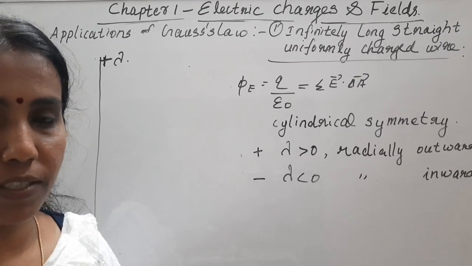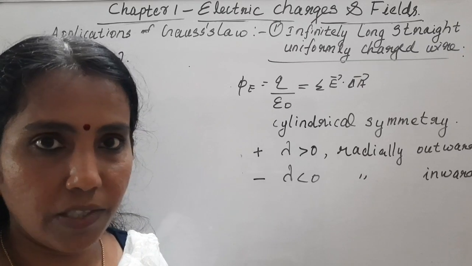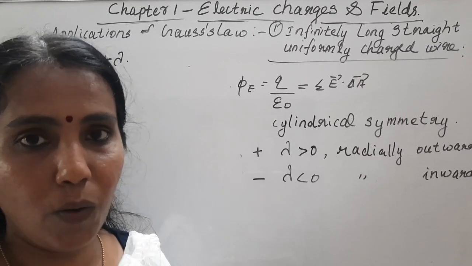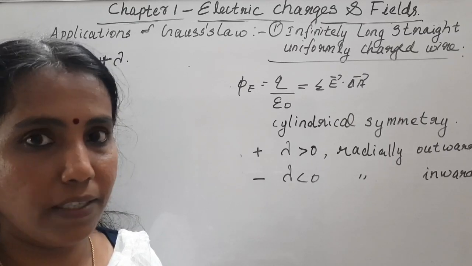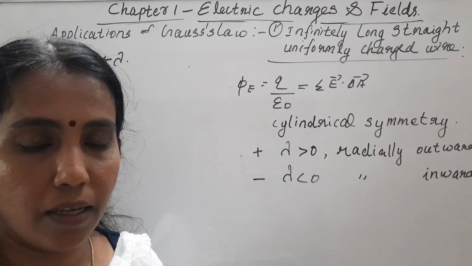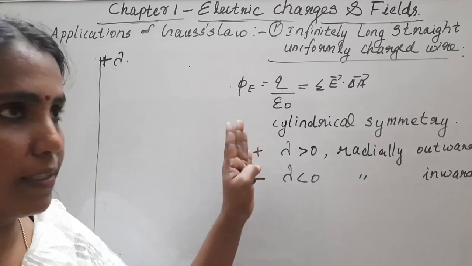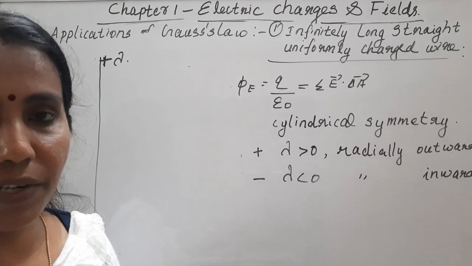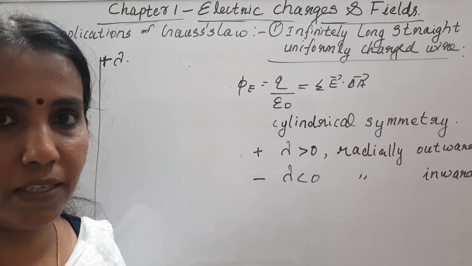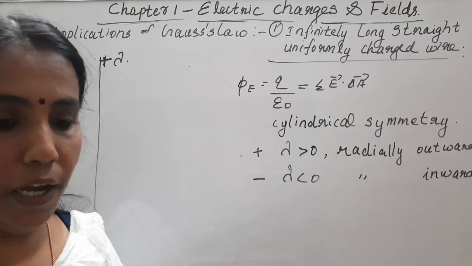That is very important. Since we already discussed the field is cylindrically symmetric, here we need to imagine a cylindrical Gaussian surface, because as we discussed earlier, where the field has symmetry, only in those cases do we use Gauss's law. So we use the cylinder as the Gaussian surface.